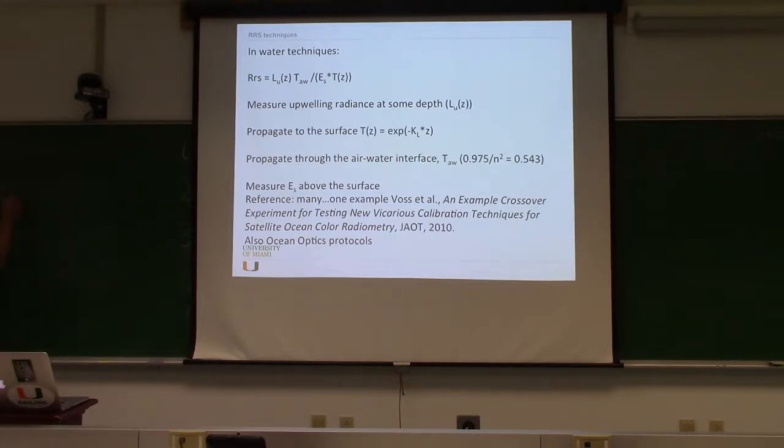In the numerator, it would be exp of plus the diffuse attenuation coefficient for radiance times z to bring it to the surface. So those of you who were in the water, you did a profile, I hope, to get what K_L was. You combine all those things together and you get remote sensing reflectance.